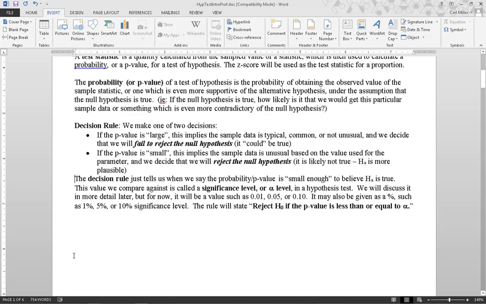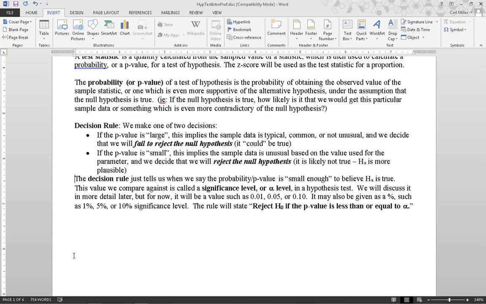The decision rule just tells us when we say the probability or the p-value is small enough to believe that H sub a is true. The value we compare against is called the significance level or the alpha level in a hypothesis test. We discuss it in more detail later, but for now it will just be a value such as 0.01, 0.05, or 0.10.